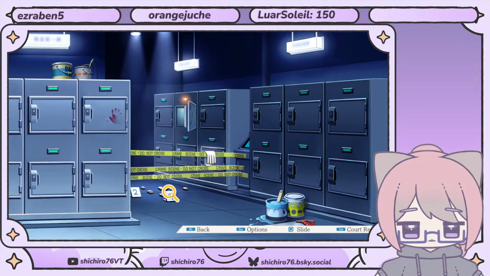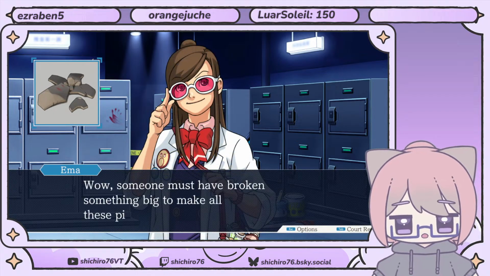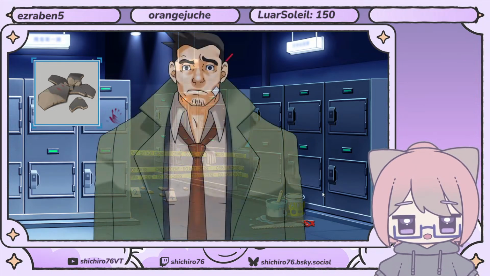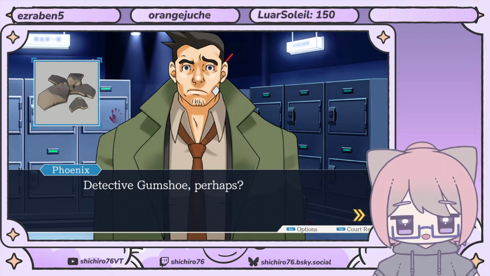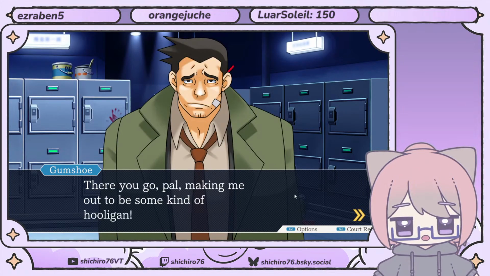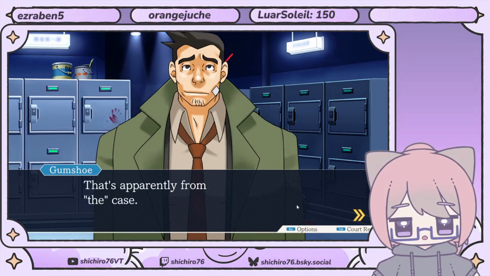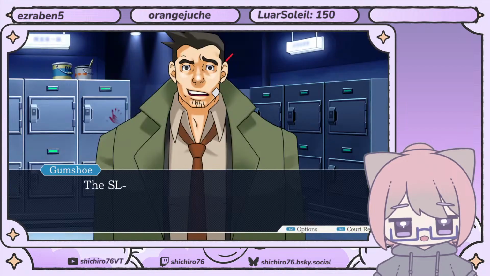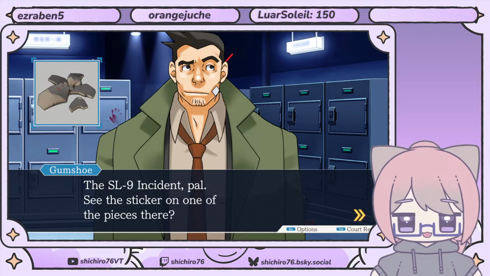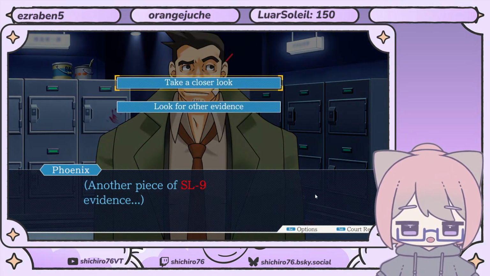We need to do it to continue and complete the investigation after all. Wow, someone must have broken something big to make all these pieces. Detective Gumshoe, perhaps? There you go, pal, making me out to be some kind of hooligan. That's apparently from the case. The case? The SL9 incident, pal. See the sticker on one of the pieces here? Another piece of SL9 evidence.